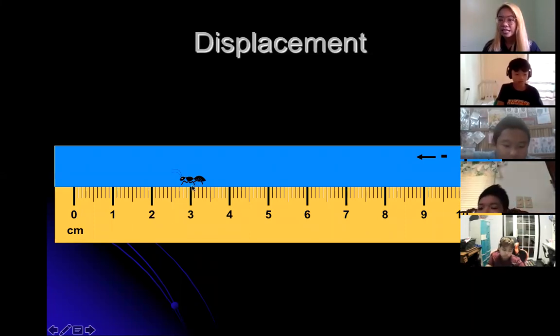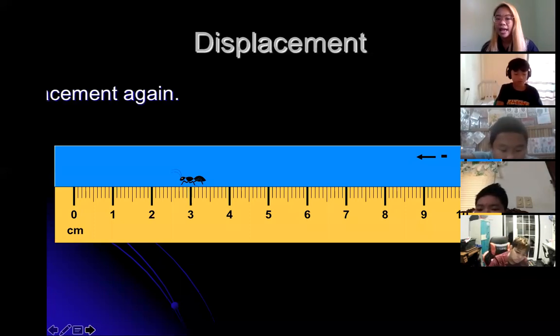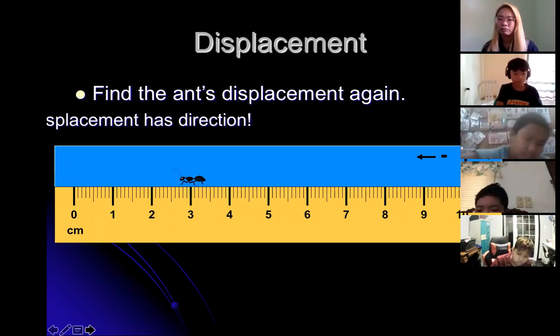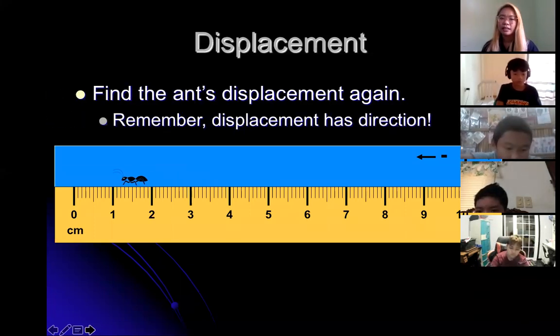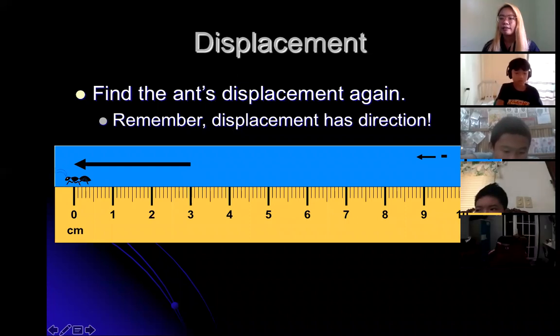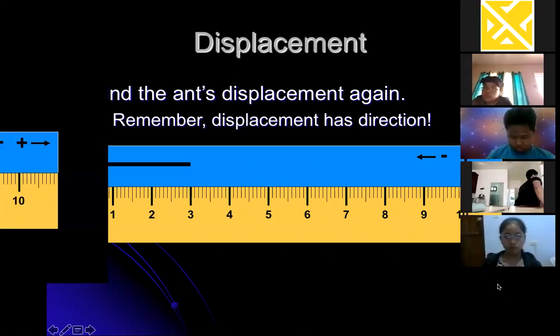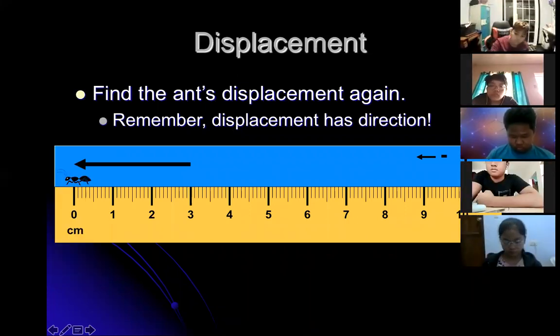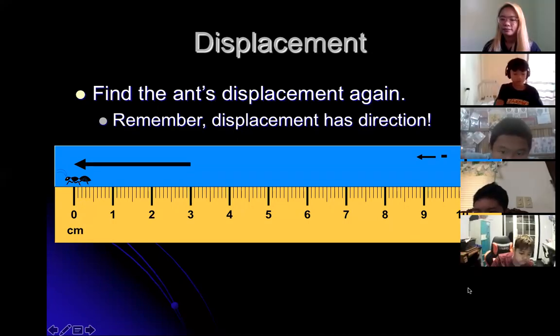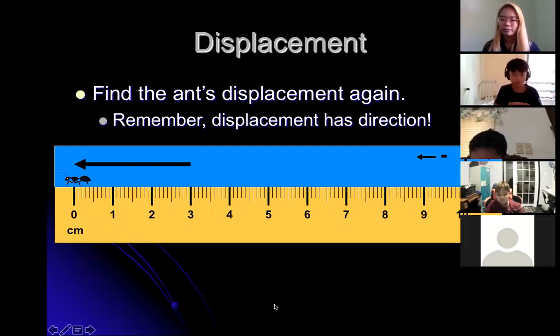From this 3 centimeters distance, the ant continued to move again. And it went back to its original starting point. So what is the total distance traveled of the ant? In this case. Distance muna tayo ha.